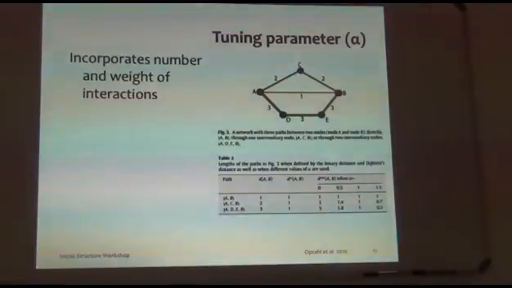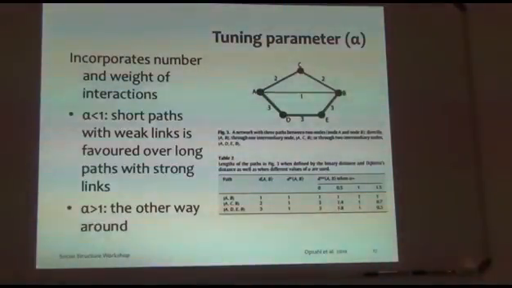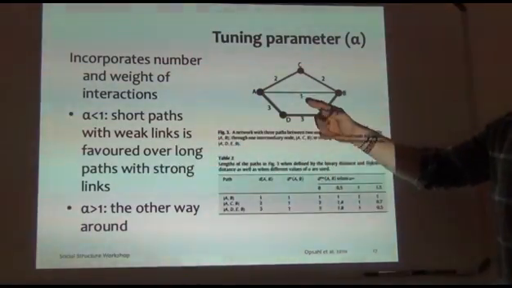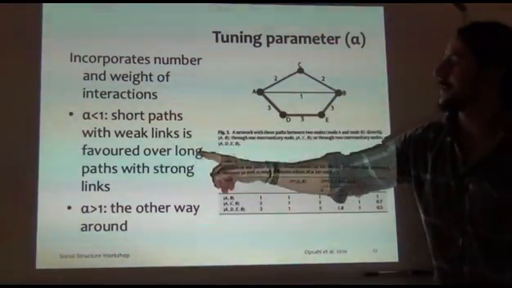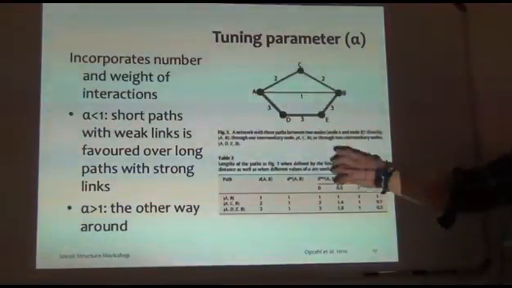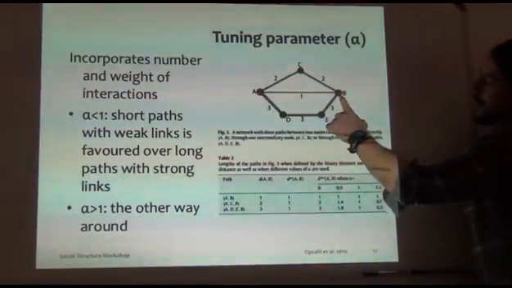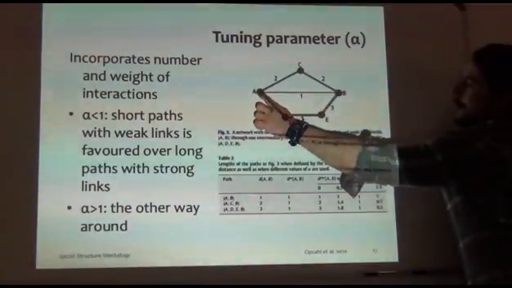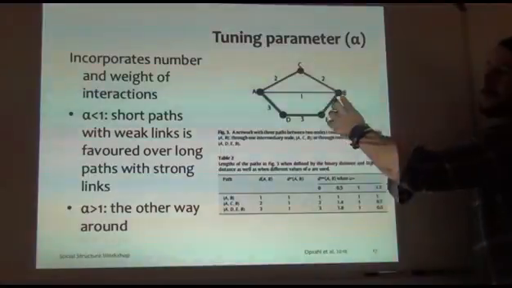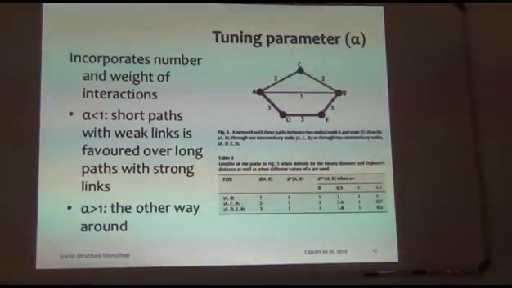If you have an alpha that is smaller than 1, then short paths with weak links are favored over long paths with stronger links. So we can go from A to B here through a weak interaction or through a longer interaction but a stronger one. It depends on what the strength of interaction means to you.